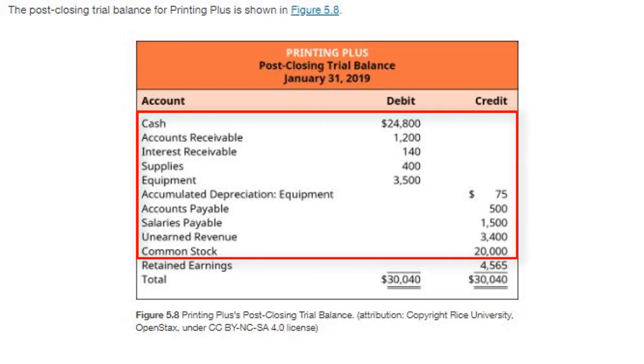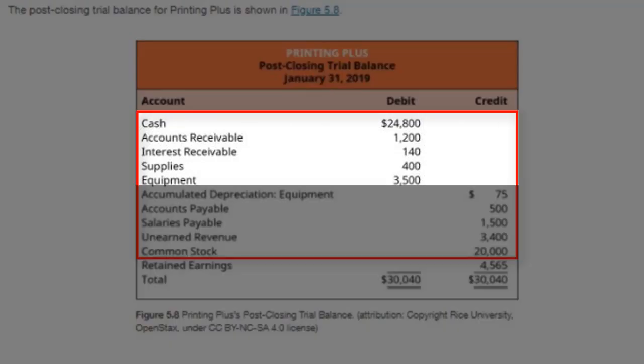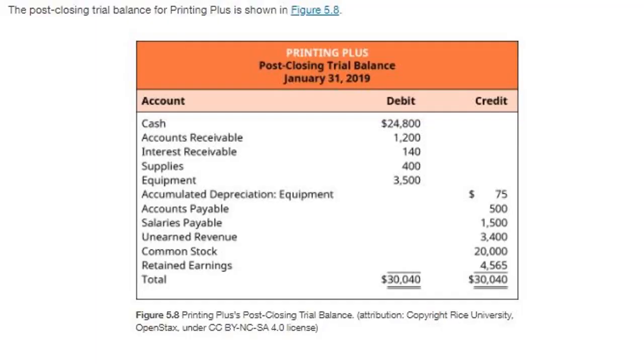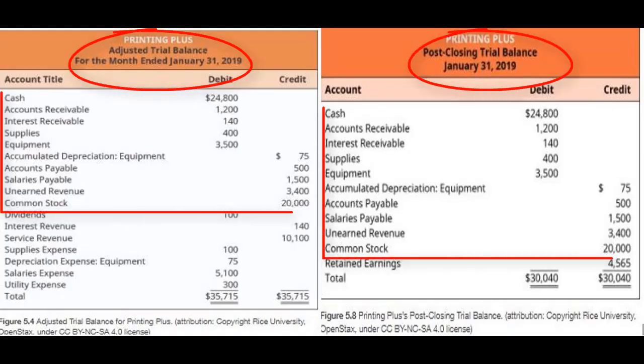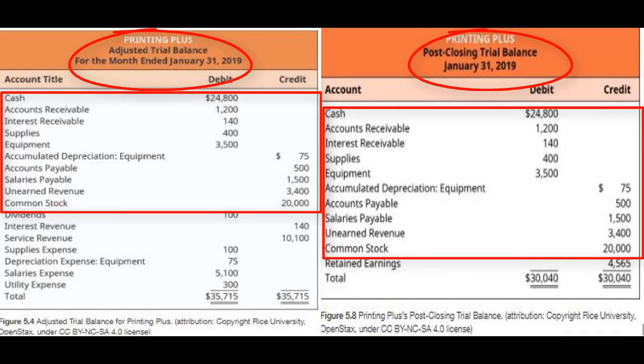Take a look at those first 10 lines, though. The first 5 lines are cash, $24,800, through equipment, $3,500. Well, wait a minute. Those are the same numbers that were the first 5 rows of the pre-closing trial balance.